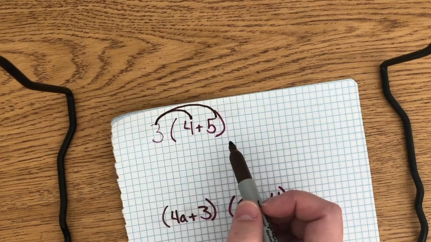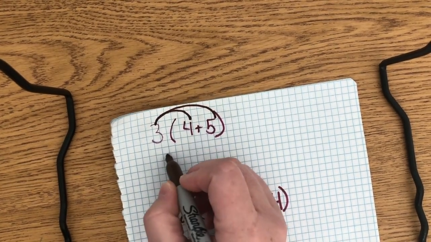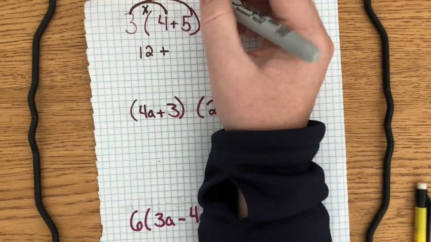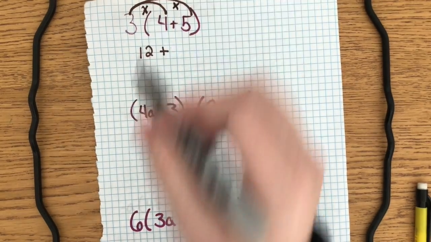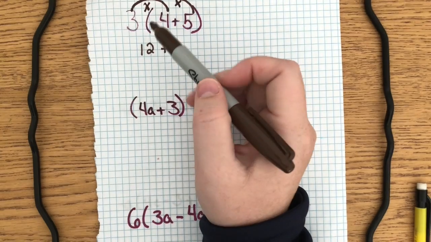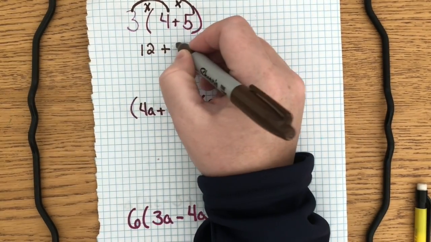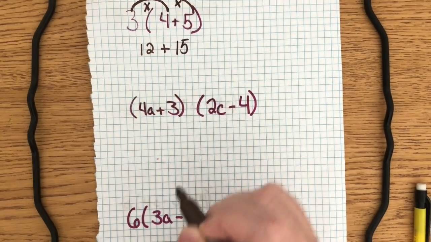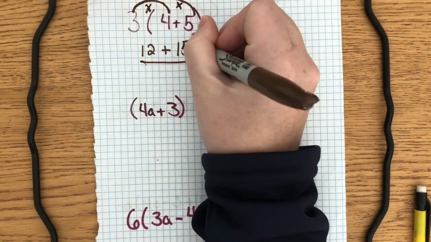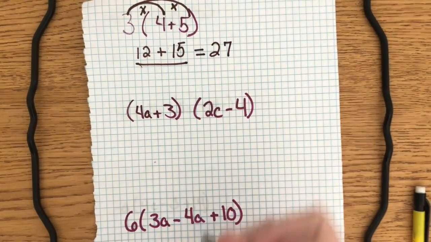So in this situation, I have 3 times 4, which gives me 12, and you multiply. One thing I saw was people were trying to divide. No division right yet. So you do 3 times 4, 3 times 5, which is 15, and that's the distributive property. Then, to solve it, you add these together and you get 27.